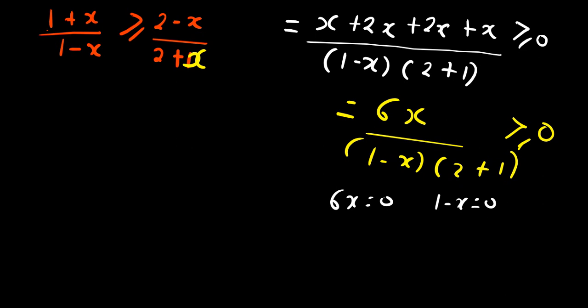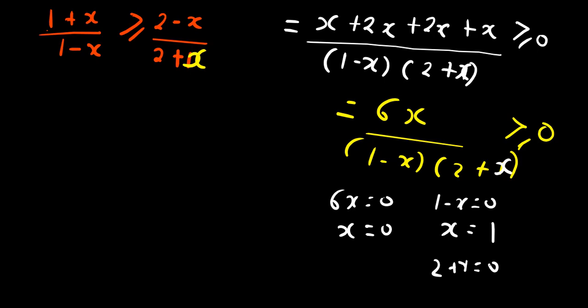Let's solve this one. So x is equal to 0 in this case. Then the other one is x is equal to 1. Then we've got 2 plus x is equal to 0. Why am I missing this one? This is 2 plus x, okay?